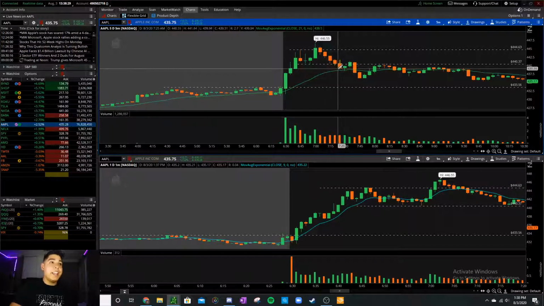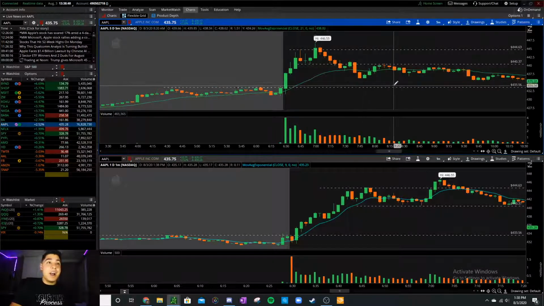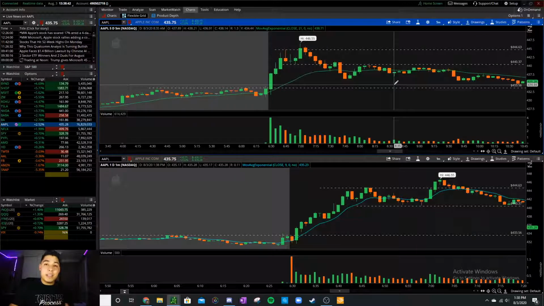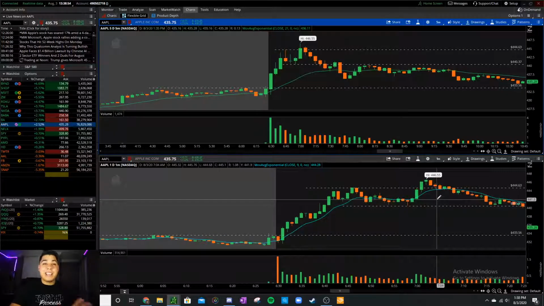You get in, be aware that this EMA could be acting like support, and it did briefly. It bounced up, it failed to bounce, and broke below that. That way I'm aware and cautious that there may be a bounce play right there, or a bounce that I wouldn't have noticed if I was just focusing on the 1-minute 9 EMA.